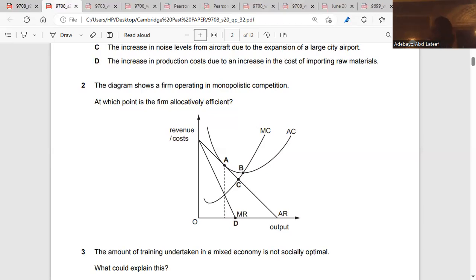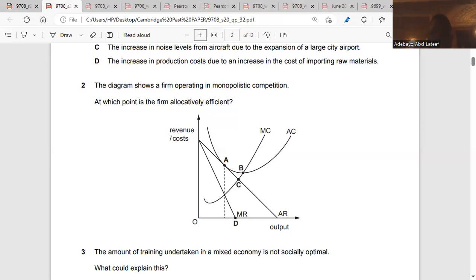You put the welfare of the people into consideration before you decide. Allocative efficiency occurs when the marginal benefit to consumers equals the marginal cost of producing, so the extra benefit consumers get is the same as the extra cost of producing it. That means MB equals MC, for optimal distribution of goods and services.